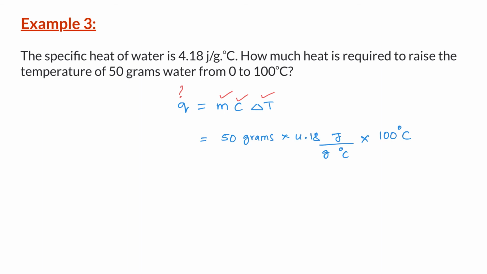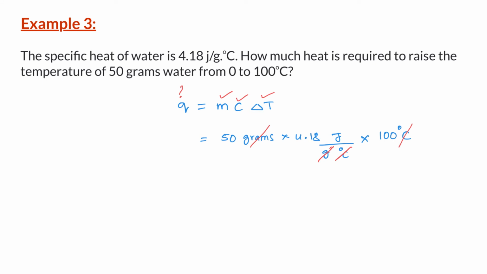Again, mass is 50 grams, specific heat is 4.18 joule per gram per degree Celsius, and the delta T, that is the final temperature minus initial temperature, 100 minus 0 is 100 degrees Celsius. Grams and grams get cancelled. Degree Celsius and degree Celsius get cancelled.